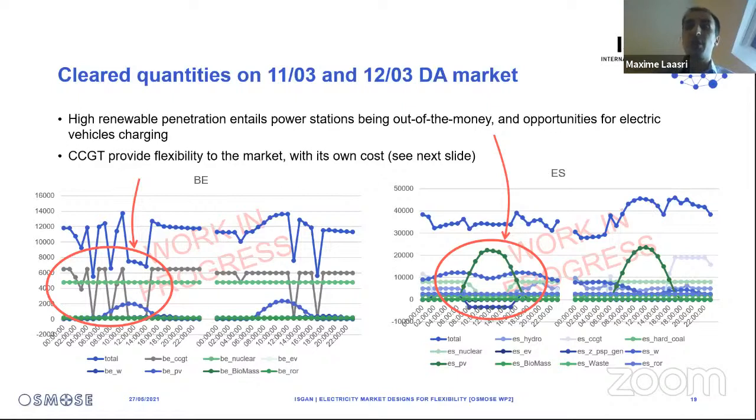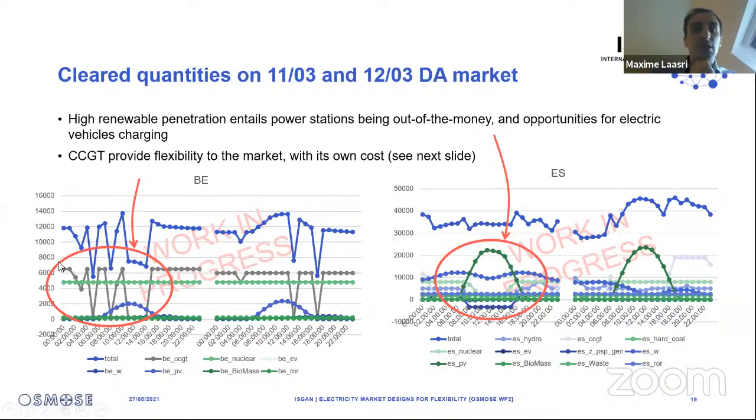As you can see, the solar power just peaks at very high values at around noon, and it has sort of two effects. We have the electric vehicles charging that rush into this time period for charging. And we have also some power stations that start being out of the money, and the market orders are rejected from the market on this time step. So that was interesting to observe.